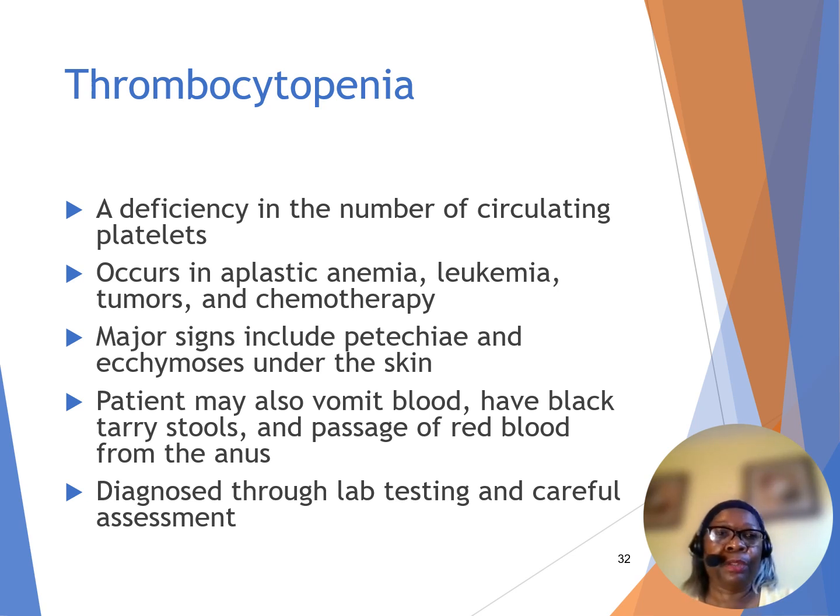Medications like nonsteroidal anti-inflammatory drugs or NSAIDs, thiazides, can result in platelet deficiency. Heparin triggers antibodies that stimulate platelet activation, resulting in formation of clots and depletion of platelets. So it occurs in aplastic anemia, leukemia, tumors, and chemotherapy.